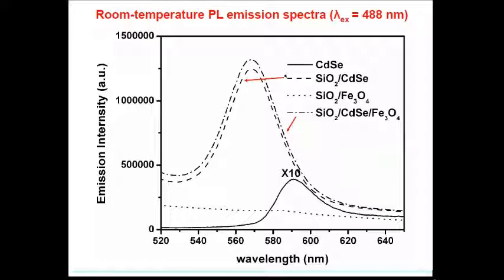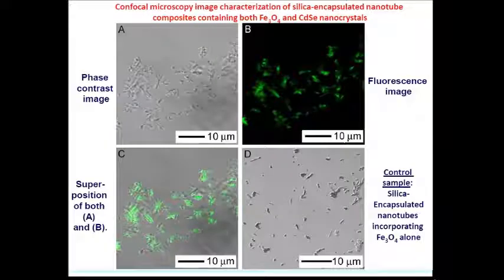And silica with magnetite by itself shows nothing, again, as you would expect. So, in other words, the presence of silica, quantum dots and magnetite within the same heterostructure means that it's not only magnetic, but also photoluminescent, and you could visualize this under an optical microscope, under scanning fluorescence microscopy, I should mention.